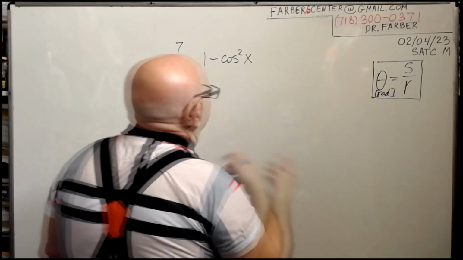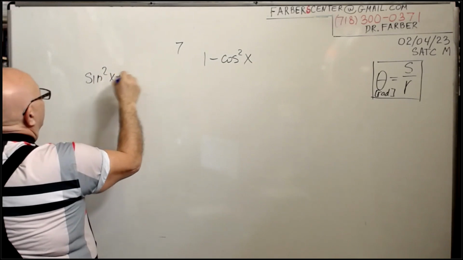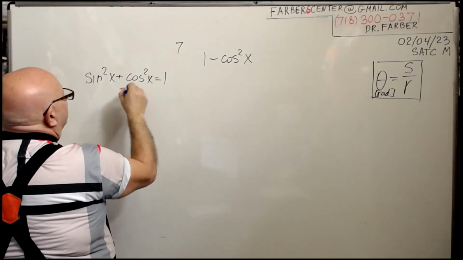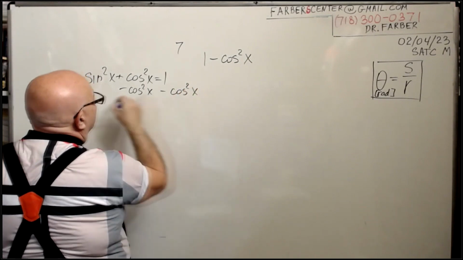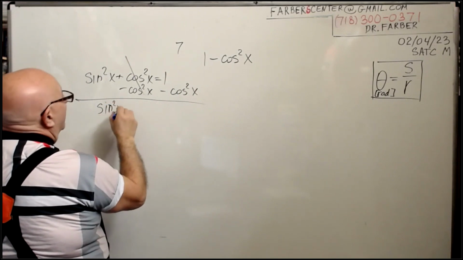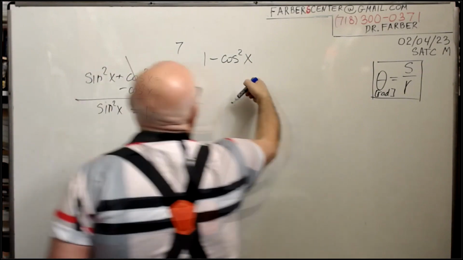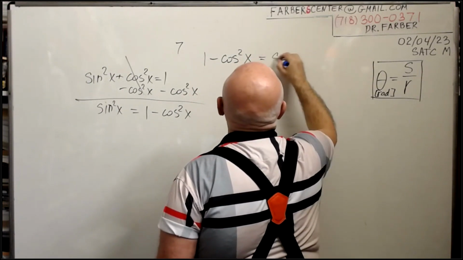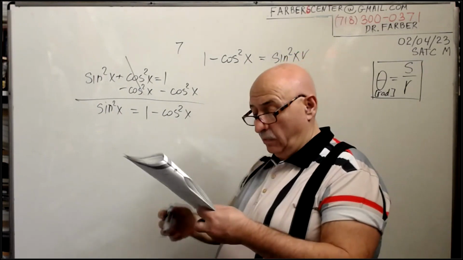Well, just a few minutes ago, I derived the Pythagorean identity. If you subtract cosine square x from both sides, they cancel out, you get sine square x equals 1 minus cosine square x. So this is equivalent to cosine square of x. Sorry, sine square x. Okay, one line problem.